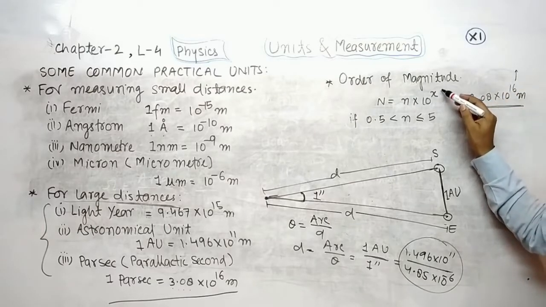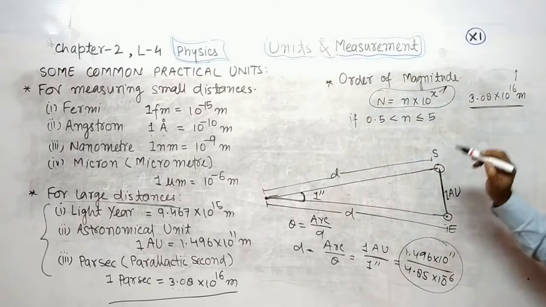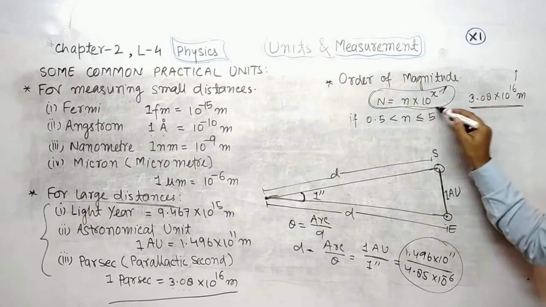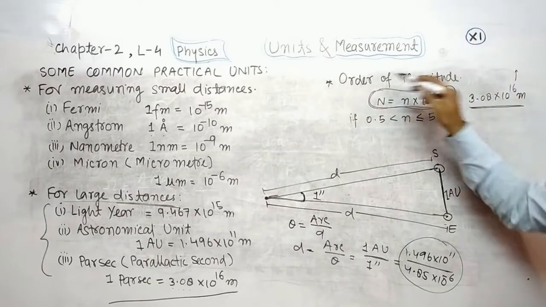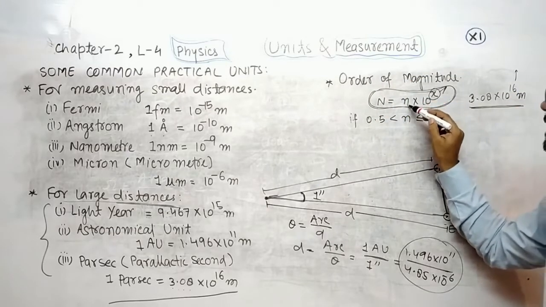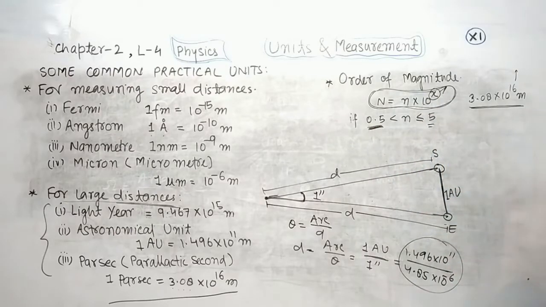That means x is the order of magnitude, if n lies between 0.5 and 5.